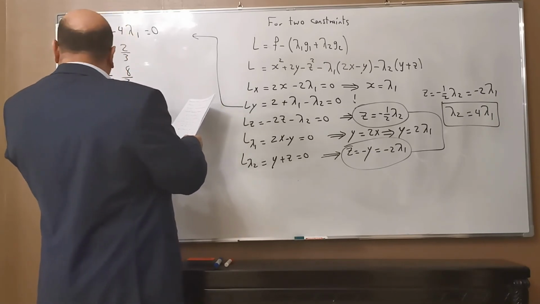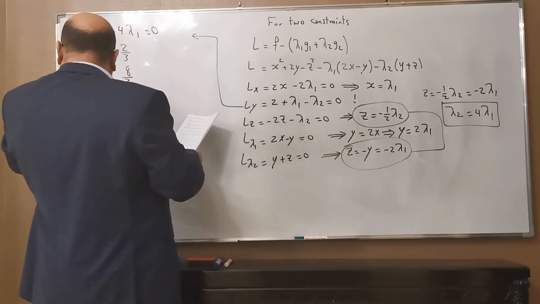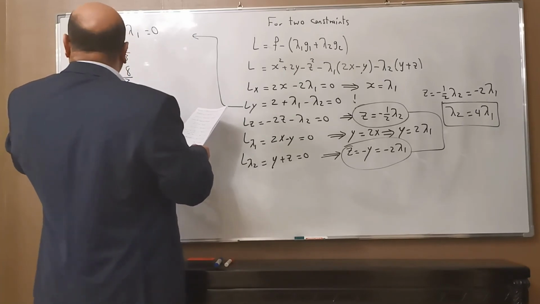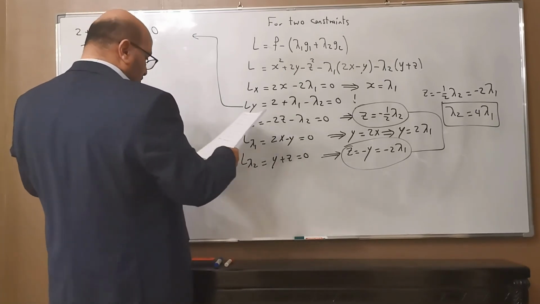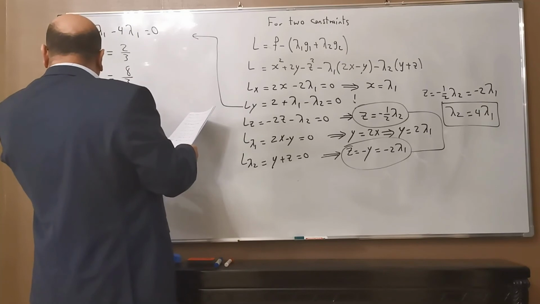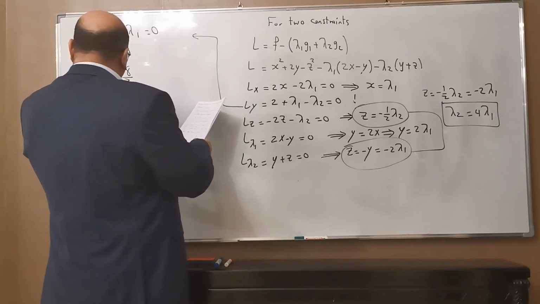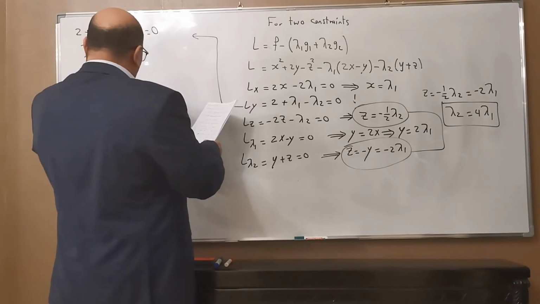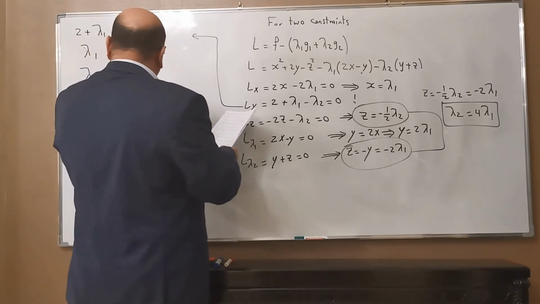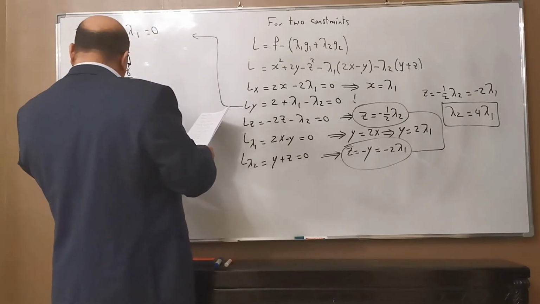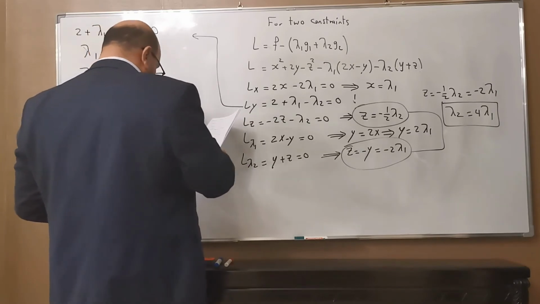And from those values we can find x equals 2/3, y equals 4/3, and z equals -4/3.